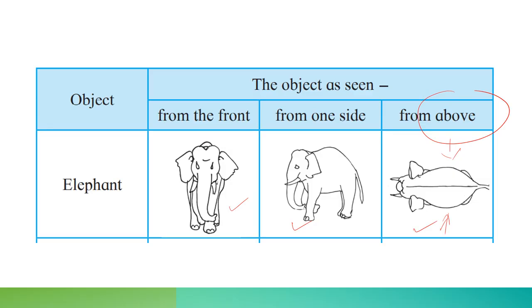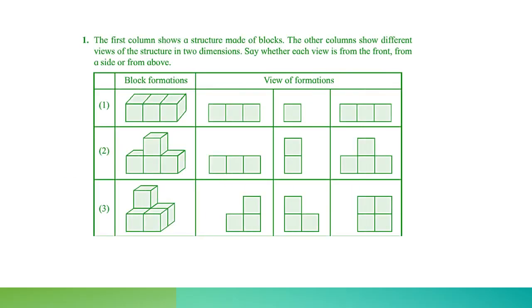Understood? For example, here is a page from your textbook where blocks are given. Here there are 3 blocks. Here there are 1, 2, 3, 4 blocks. Here 1, 2, 3, 4 can be seen, but we know that 1 is there below it. 5 boxes like that. Suppose that when the box will appear like this, when we look from front side, when it will appear like this, when we look from this one side, when again it will look from this side, either from back or front.